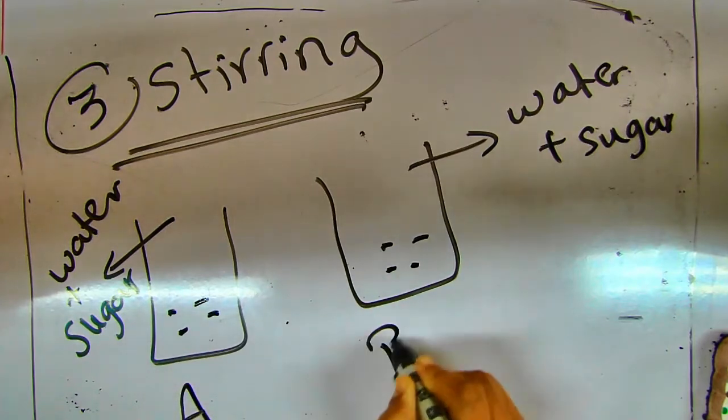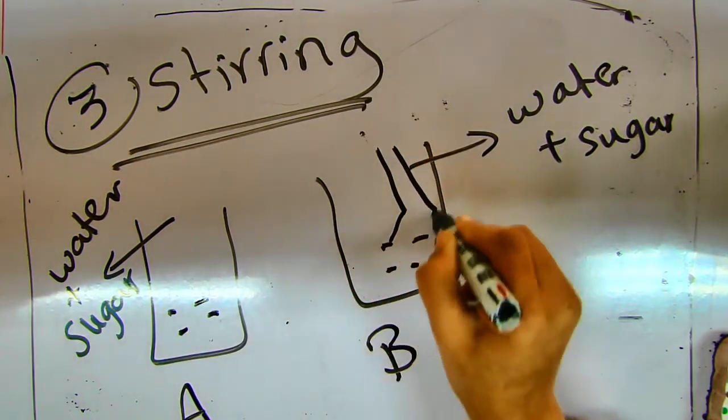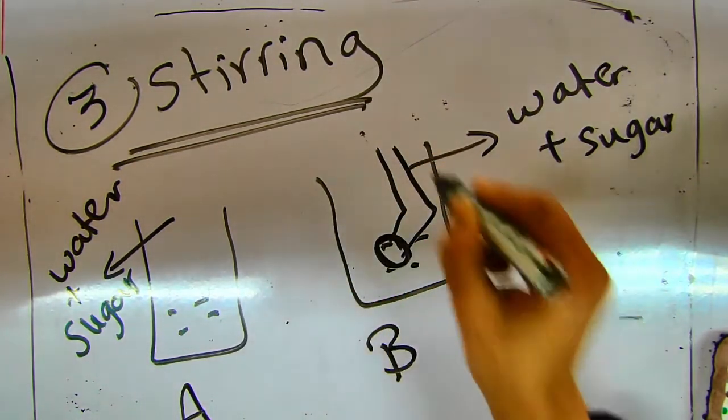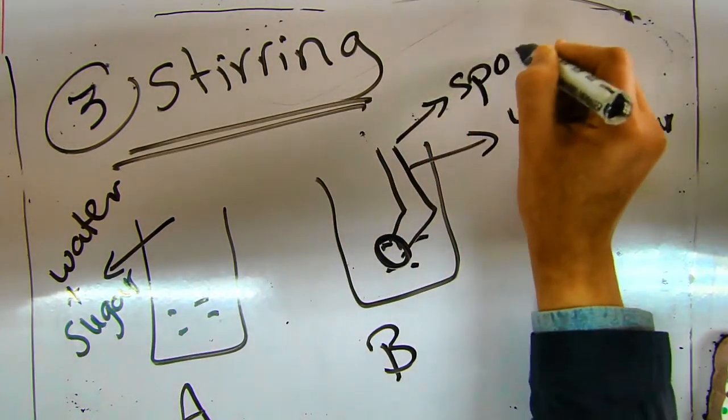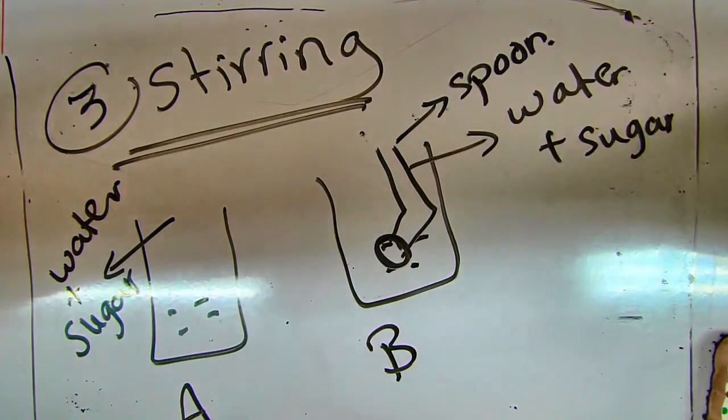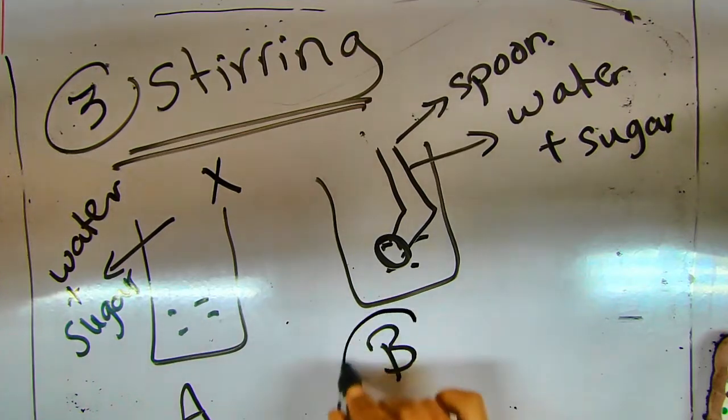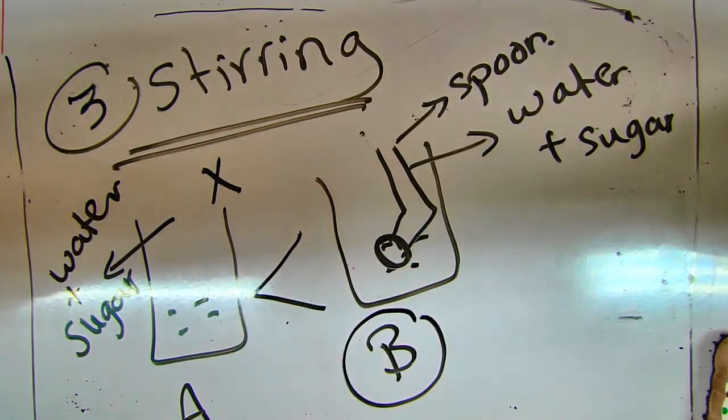A and B. Here I use a spoon to stir the solution, and here I didn't use the spoon. What is your observation? Which one will dissolve faster? Of course, B will dissolve faster than A.